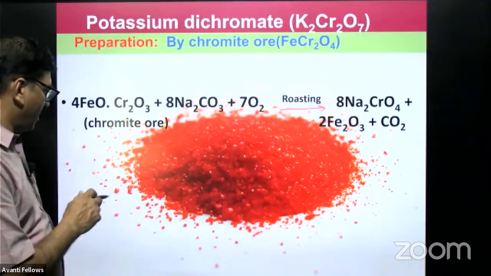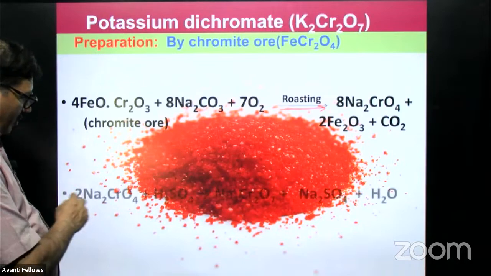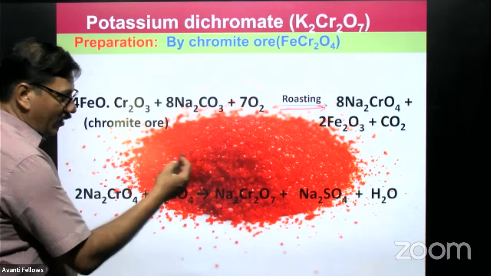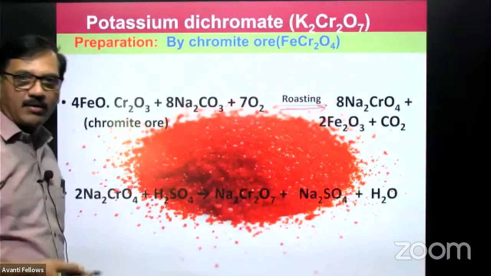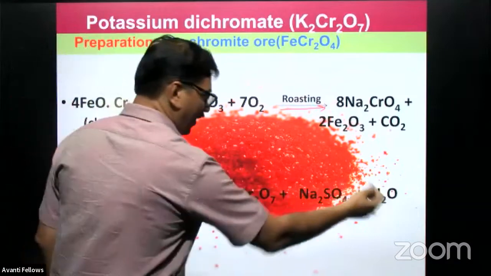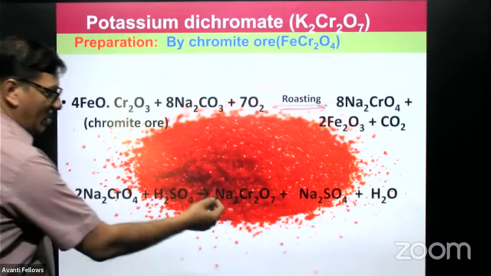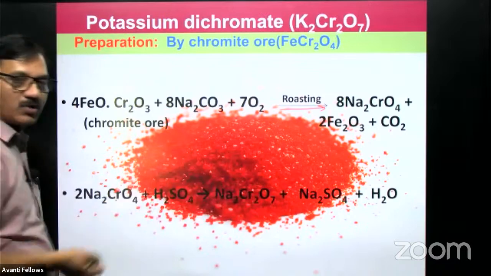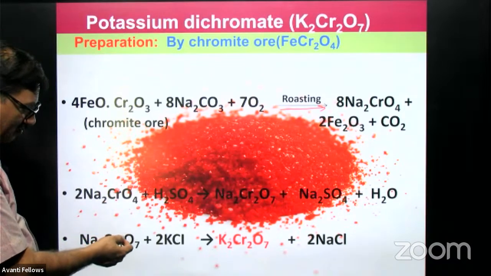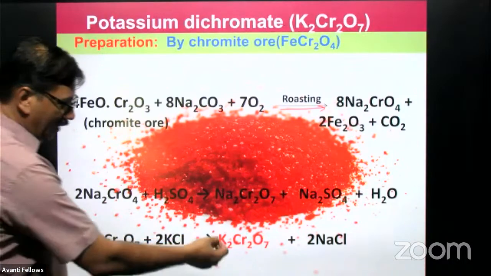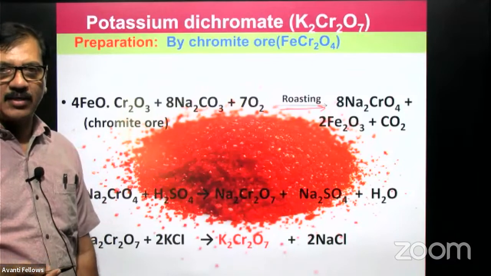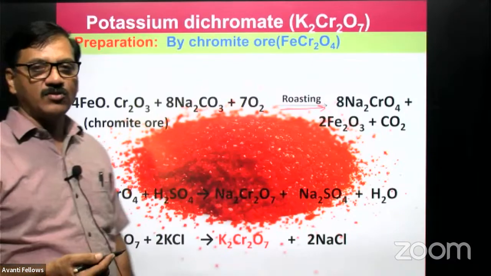Now Na2CrO4, when mixed with sulfuric acid, we get sodium dichromate and sodium sulfate and water. Sodium dichromate, Na2Cr2O7. Now sodium dichromate with KCl will give K2Cr2O7, potassium dichromate, and NaCl.